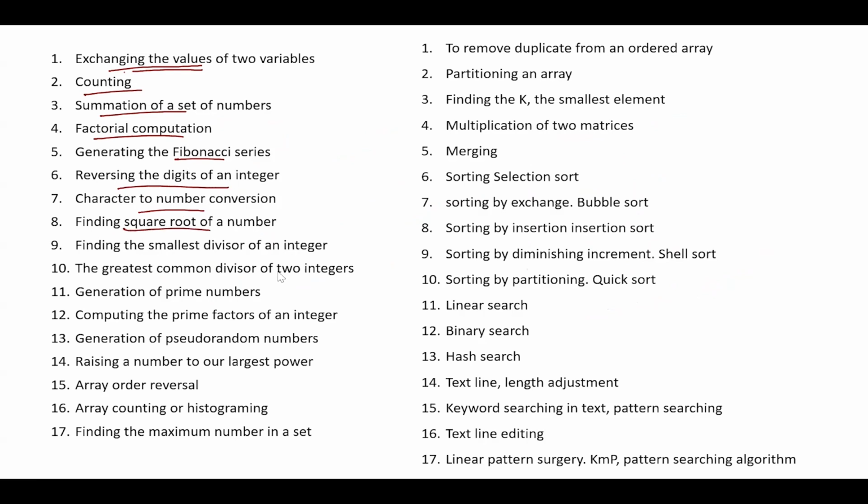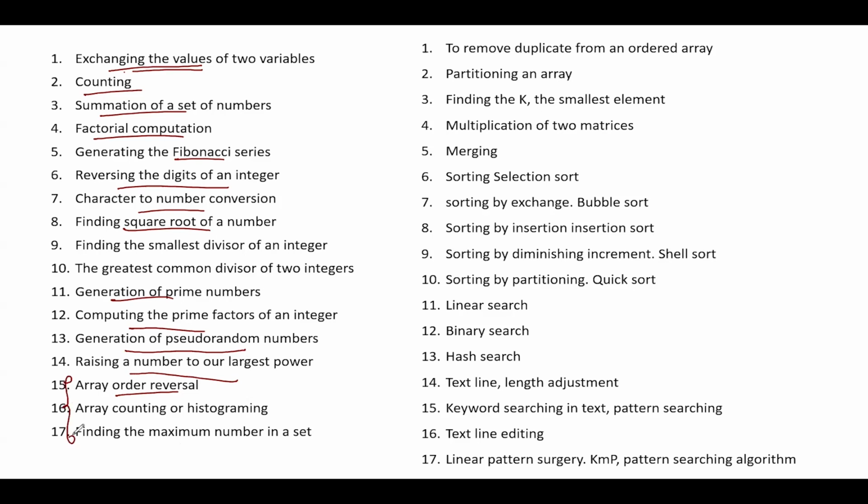These are all the basic ones we will start with. Then it will go on becoming a bit complicated: generation of prime numbers, computing prime factors, generating pseudorandom numbers, raising a number to a large power, array order reversal, all those things.